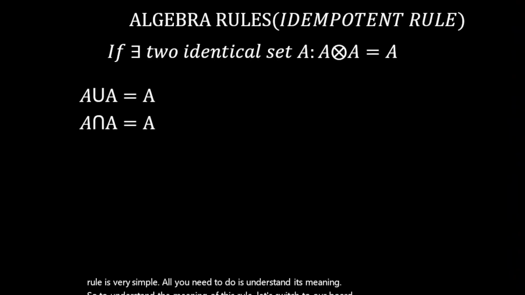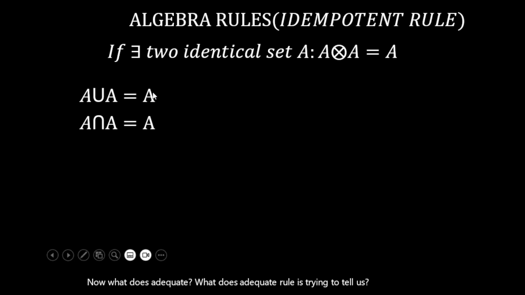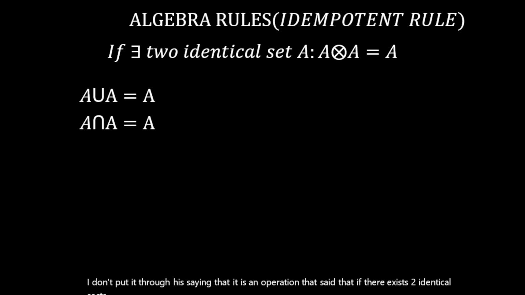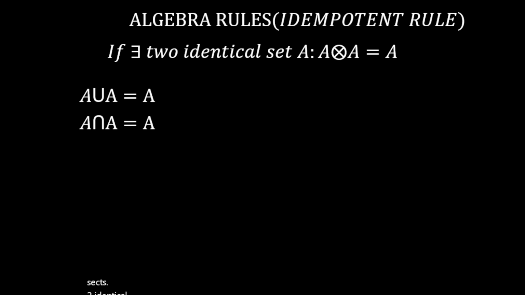So to understand the meaning of this rule, let's switch to our board. Now, what is the idempotent rule trying to tell us? The idempotent rule is saying that if there exist two identical sets, A, are you getting me?